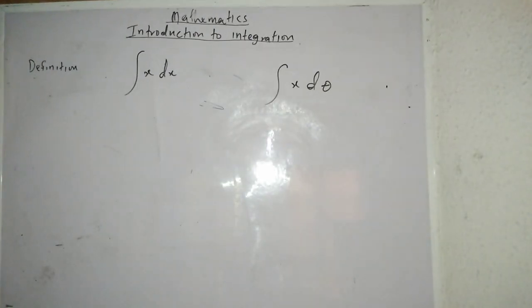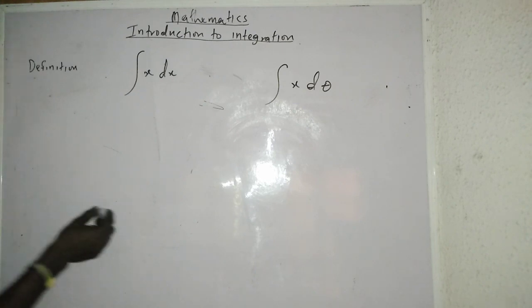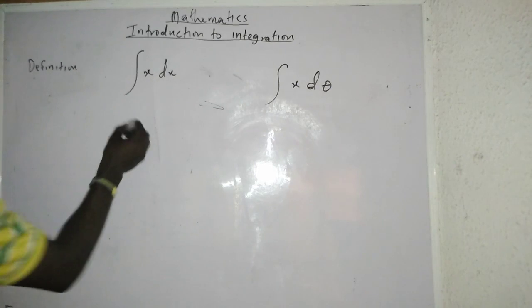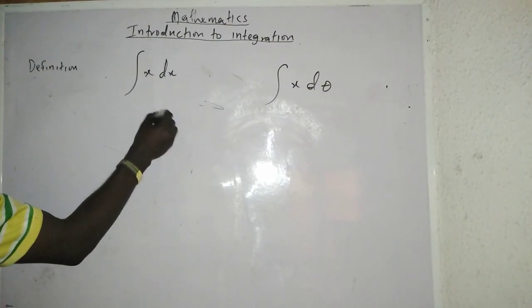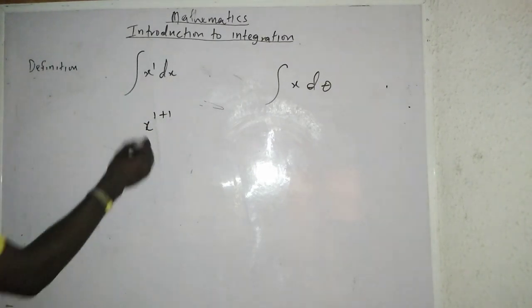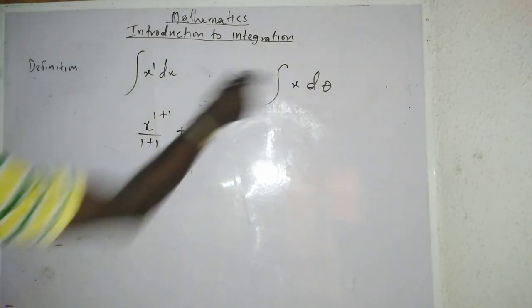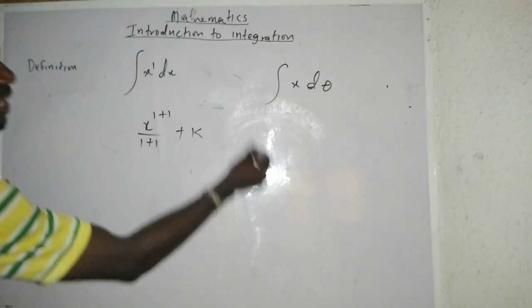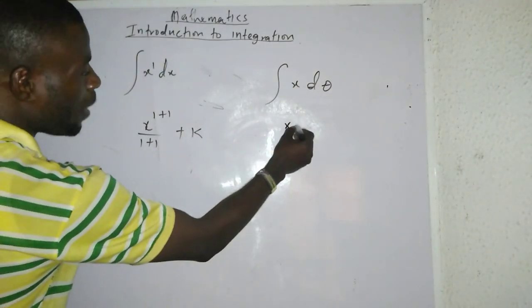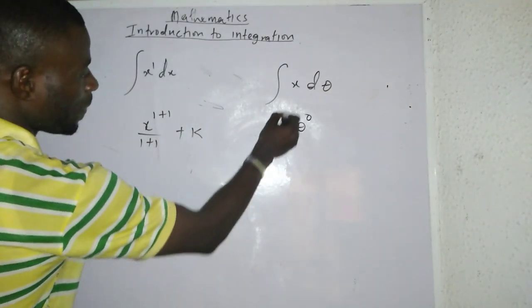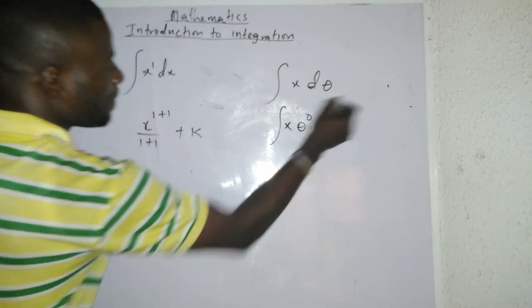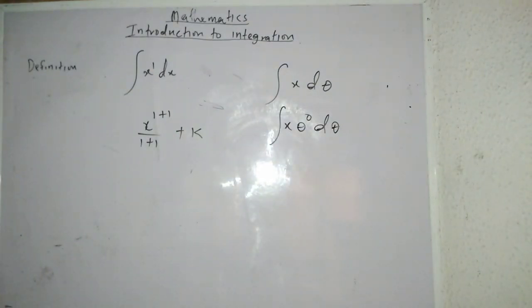And note in your mind that anytime you are asked to integrate, at this point I will have x raised to the power 1 plus 1, because power 1 is here, divided by 1 plus 1, plus k. But here, I'll have x with theta raised to power 0, integral of d theta.